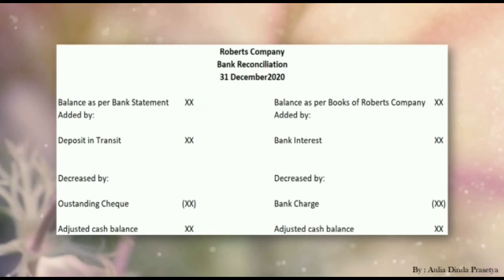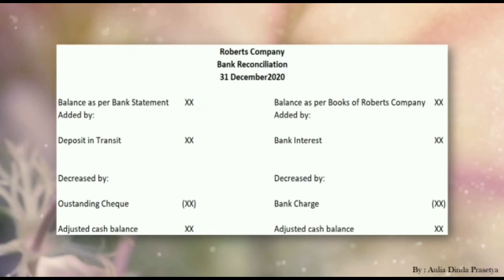So, what happened with company? We will see in here. There is balance as per books of Robert's company. It is added by bank interest. Why? Because Robert's company only know the bank interest when they receive the bank statement. So, they need to add bank interest to their account.